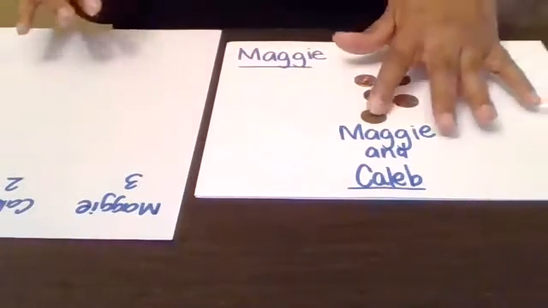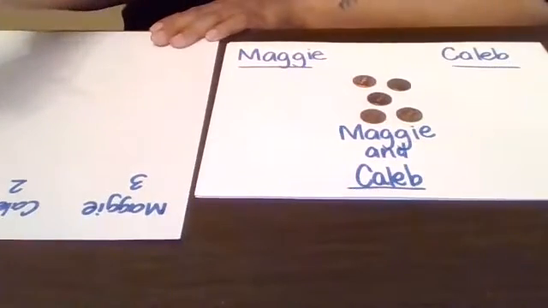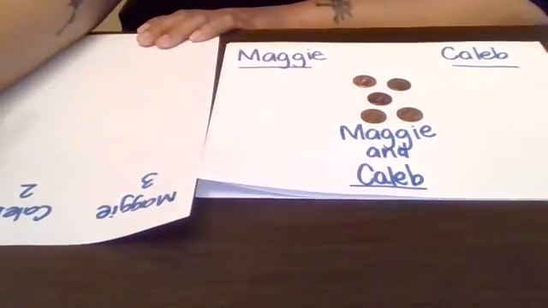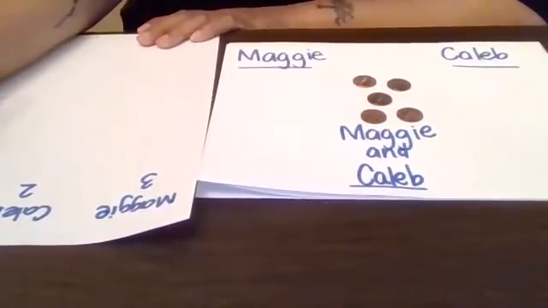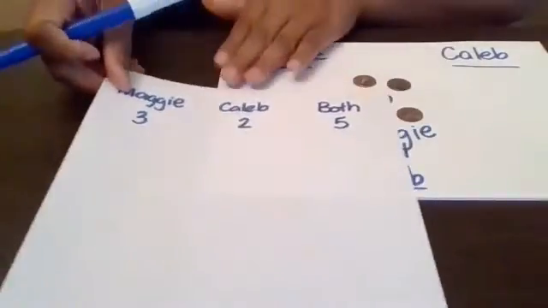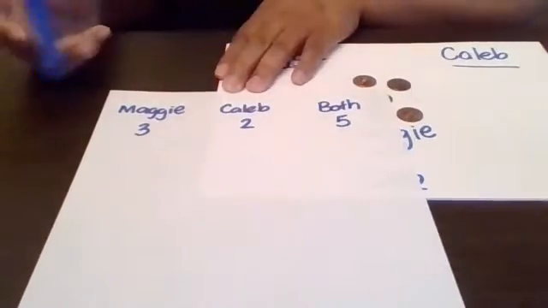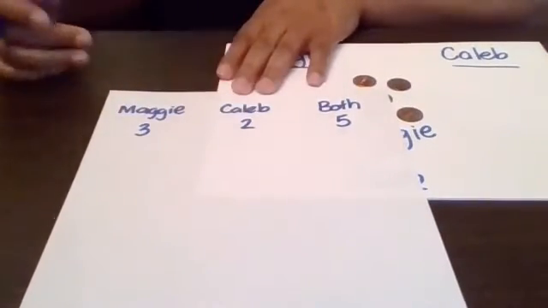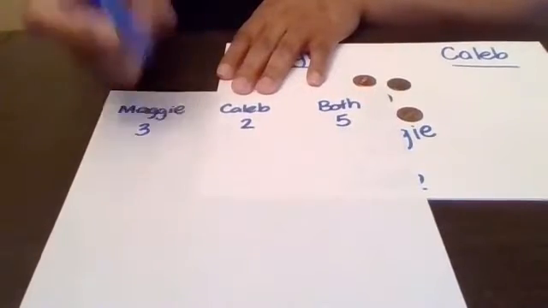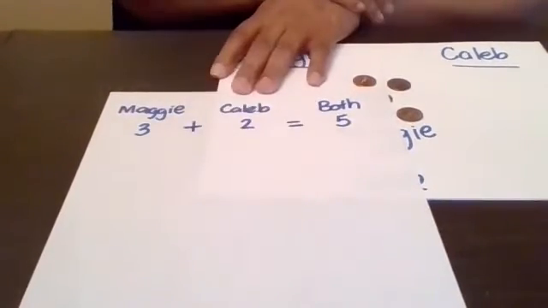Let's count. 1, 2, 3, 4, 5. So I bring them all together, and we have 5. So I have this on my paper: Maggie with 3, Caleb with 2. They both have 5. So I'm going to turn this into a math sentence. So 3 plus 2 equals 5.